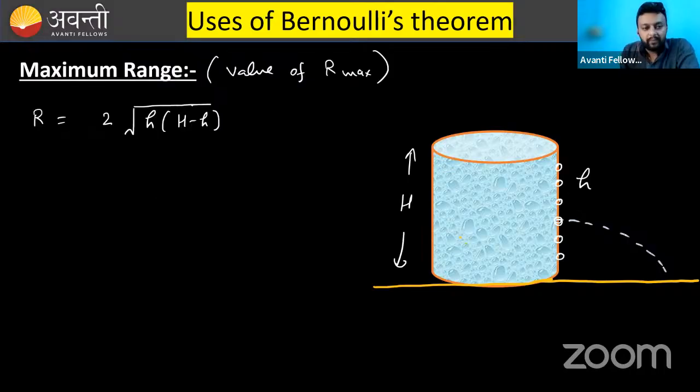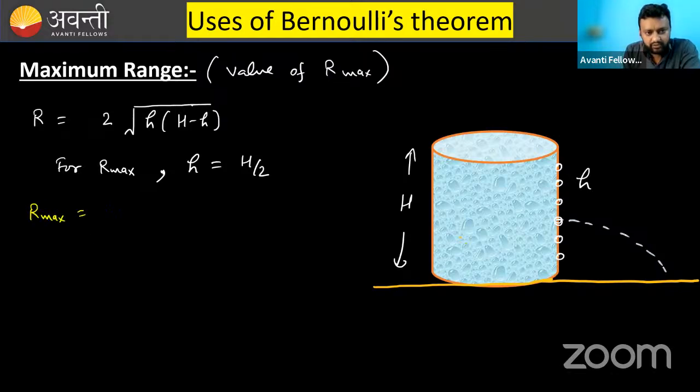So for R max, or maximum range, what should be the value of small h? We have seen that h should be H by 2. If you place this value, you will get R max is equal to 2 root of H by 2 times (H minus H by 2).